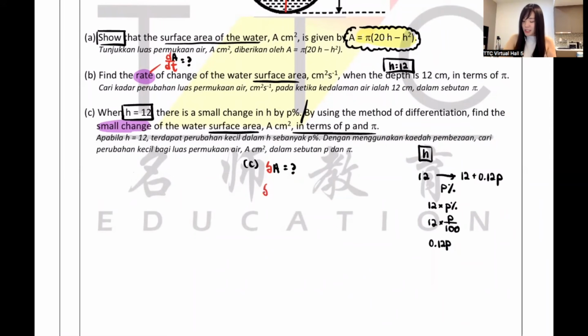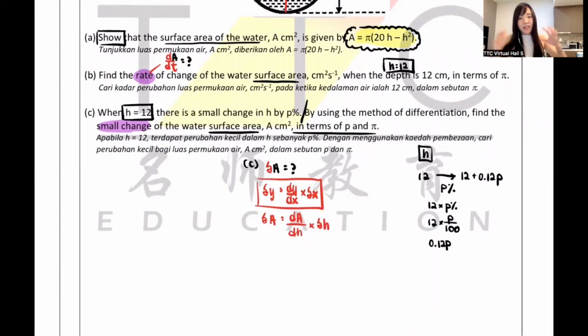This is small change, not rate of change, so definitely using this formula. But the formula doesn't match the question, so we'll change it. The Y changes to A. The X changes to H. Like that, fit the question.